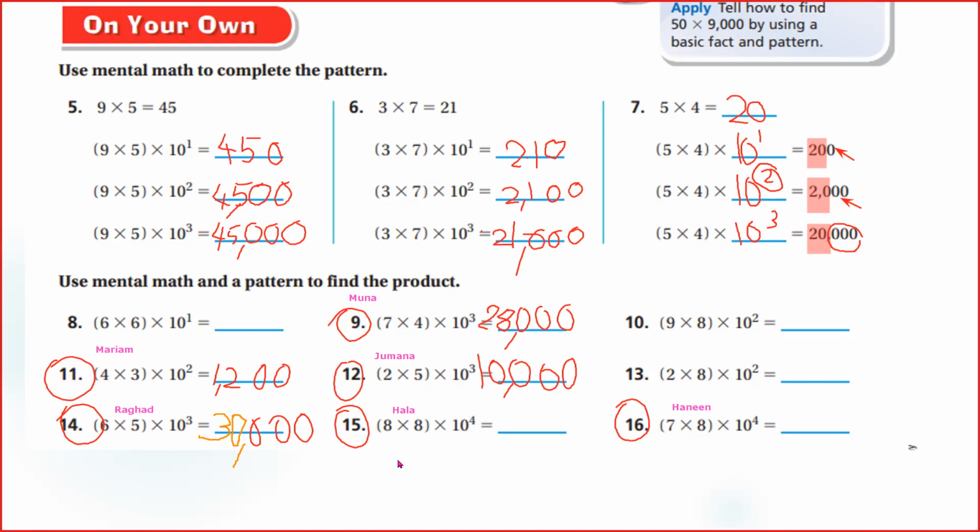Now, Hala. Yalla, 10 to the power of 4. How many zeros should you add? Yes, Hala. Here, 10 to the power of 4. So how many zeros should you add? Okay, 64. And then how many zeros? 4 zeros.